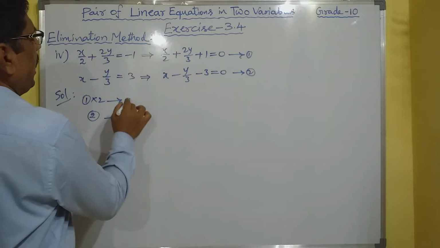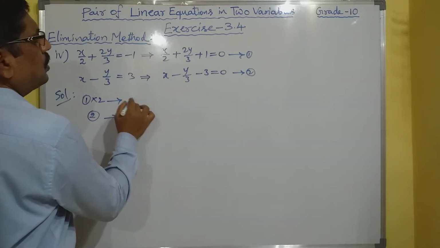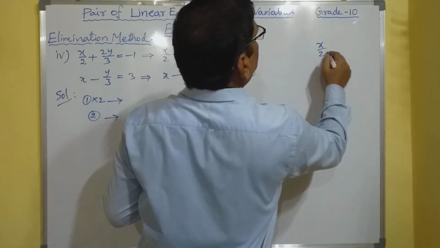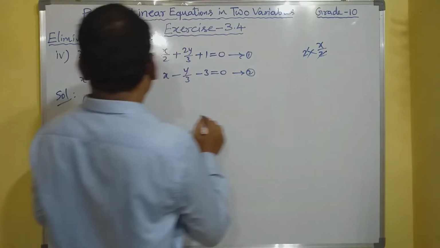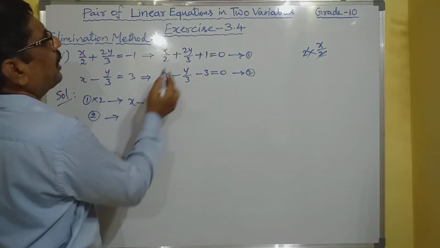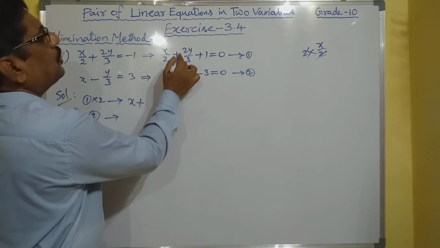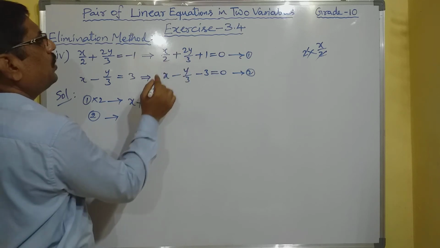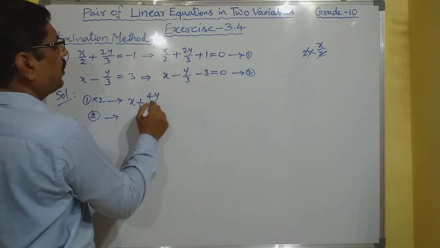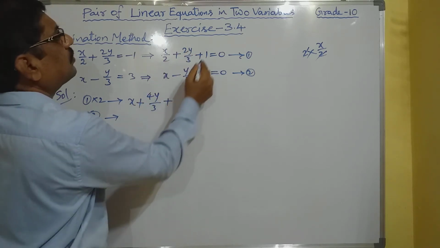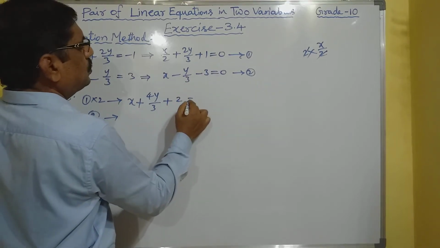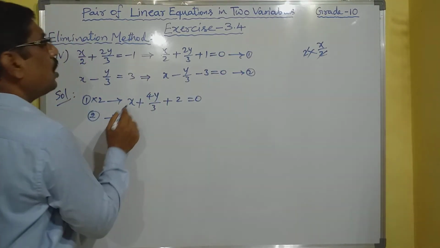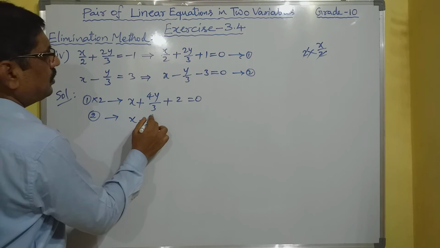Then we get x by 2 into 2, 2 cancel. We get x plus 2 into 2, 4y by 3 plus 2 into 1, 2 is equal to 2 into 0, 0. Now let us take the second equation as it is.